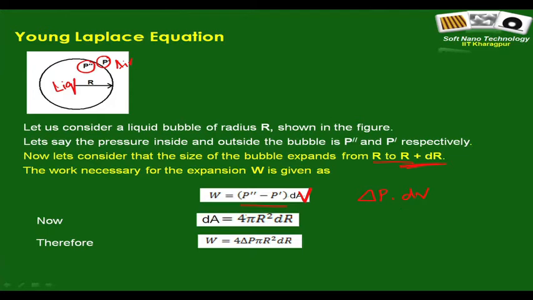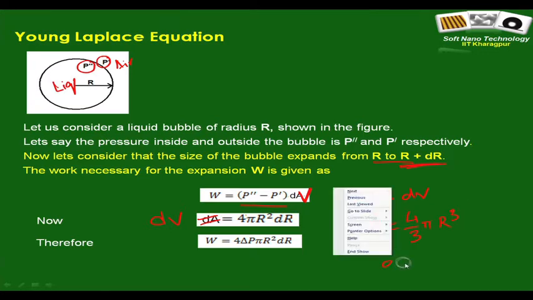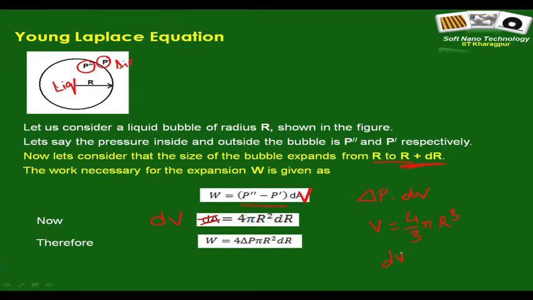We know that this is wrong, unfortunately; it is dV. V is 4/3 pi r cube for a sphere, therefore dV is 4 pi r square dr. When I upload this PPT in the online material, I will correct this. This is a mistake.